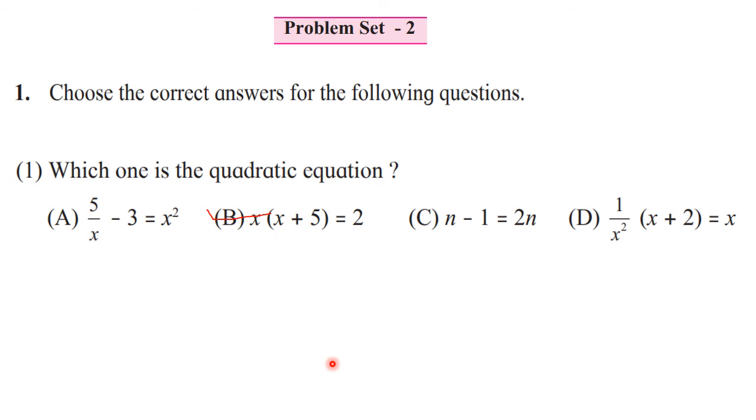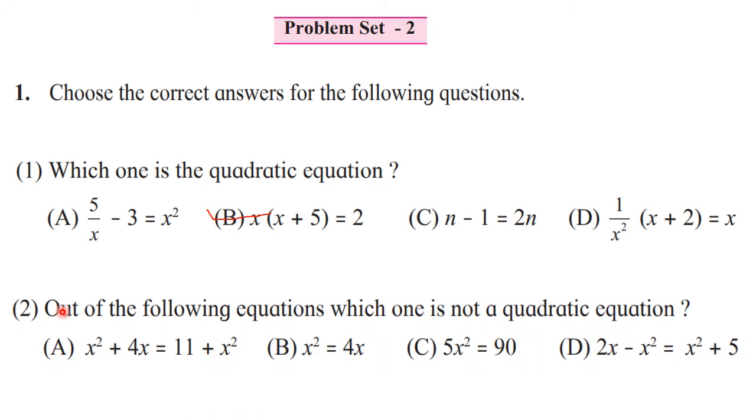Next one, question number 2. Out of the following equations, which one is not a quadratic equation? Please read it properly. Here they have asked which one is not a quadratic equation. So once again, let us see here the trial and error method.